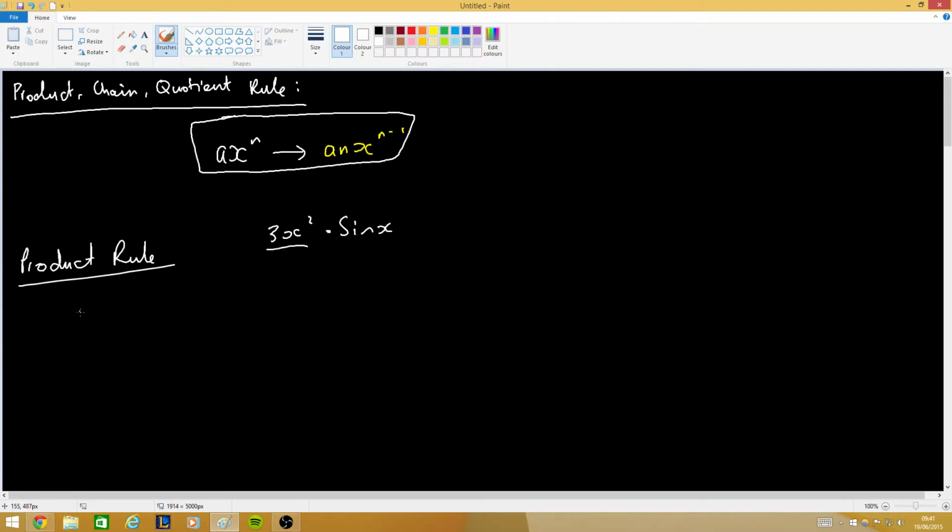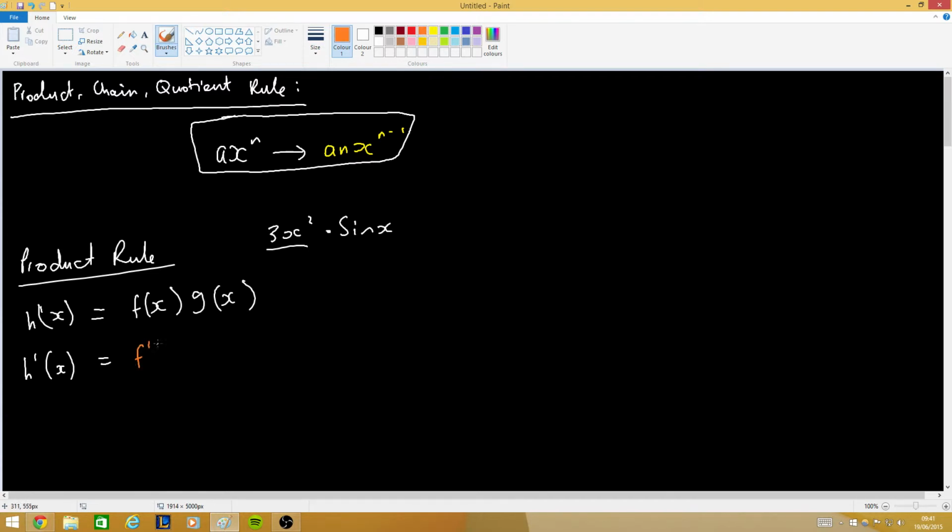Now the product rule can come into play when we have, say, a function, we can call it h of x, equal to another function times another function. And so to find h prime of x, we have to use the following rule.